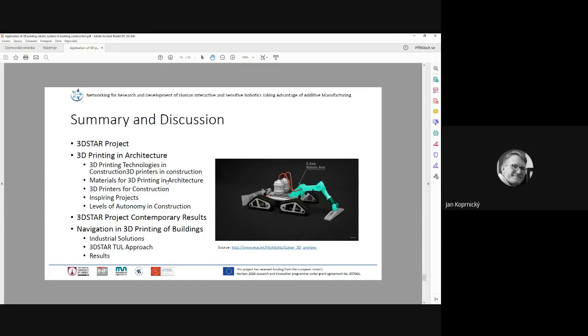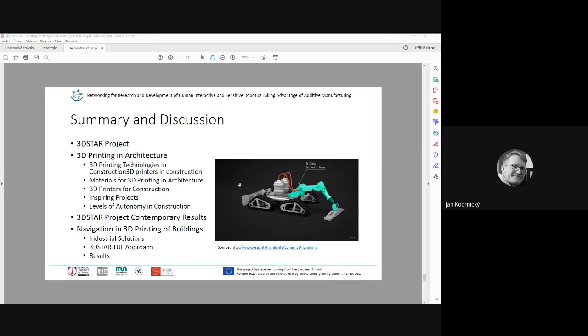Then I briefly presented our contemporary results from the project, and then we switched presentations with Lukáš, and he presented our task, the navigation and localization of these robotic systems, and showed some results.